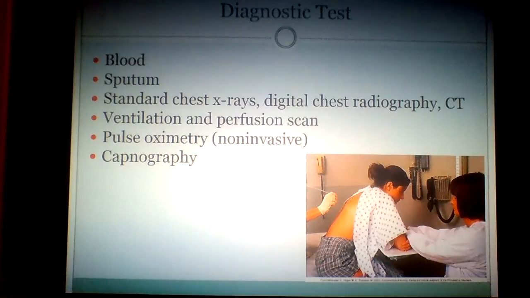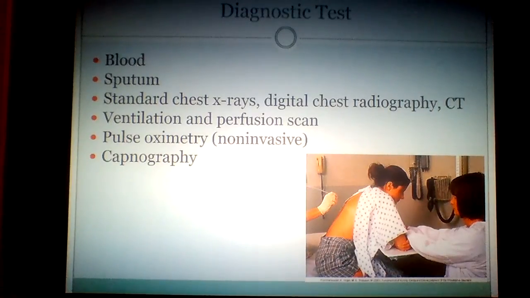The last thing I'm going to talk about, as far as ventilation and perfusion diagnostic tests, is the VQ scan. The ventilation and perfusion scan evaluates the blood flow through the lungs. The ventilation scan determines the patency of the pulmonary arteries and detects any abnormalities in ventilation.